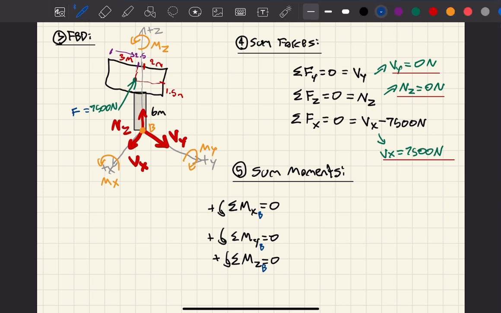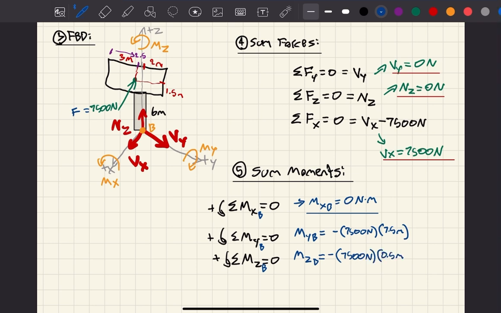We can draw everything down. In the x-axis, we said that it will have no moment, and that's one of our answers. In the y-axis, we said that it will be equal to 7,500 newtons times 7.5 meters. And then in the z-axis, we said that it again will cause a negative moment, and the distance is 0.5 meters.